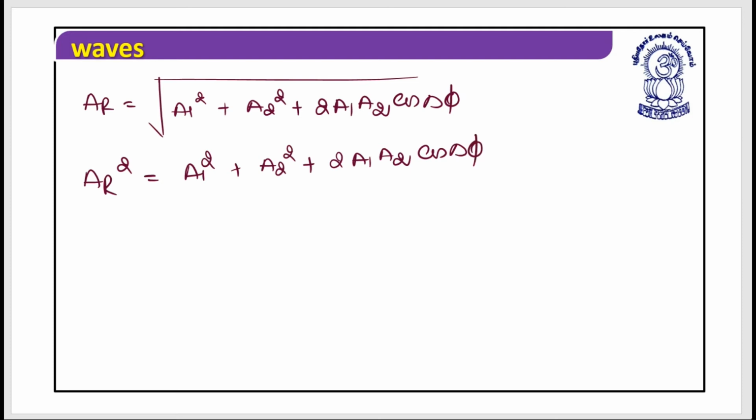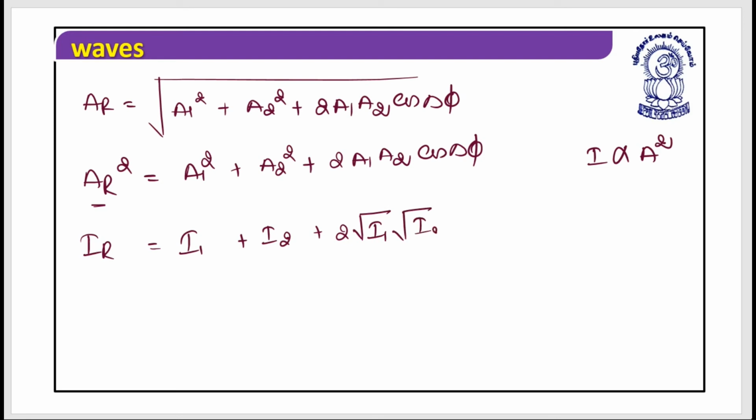Let's say omega is constant, that means I is directly proportional to A square. So replacing with intensity, the resulting intensity IR equals I1 plus I2 plus 2 root of I1 I2 into cos of delta phi.